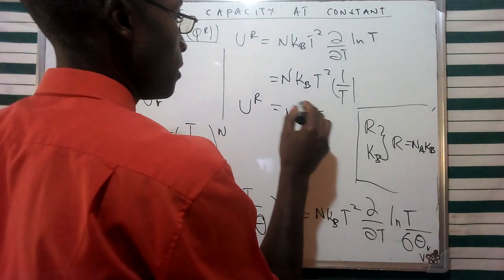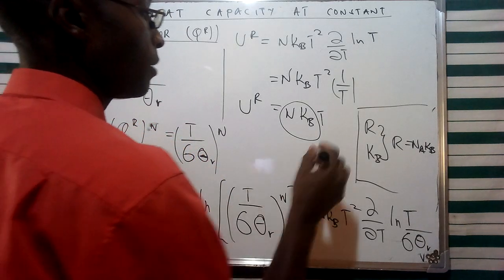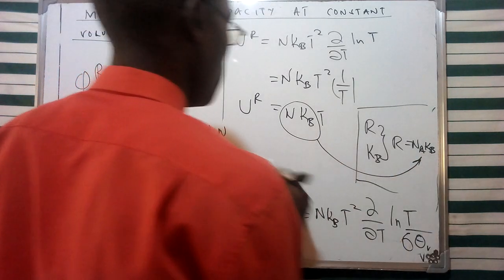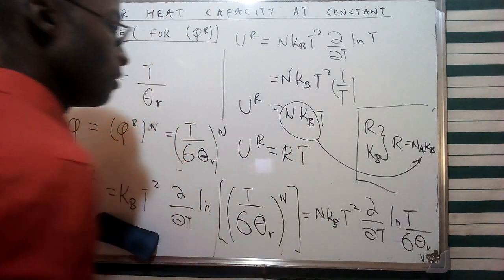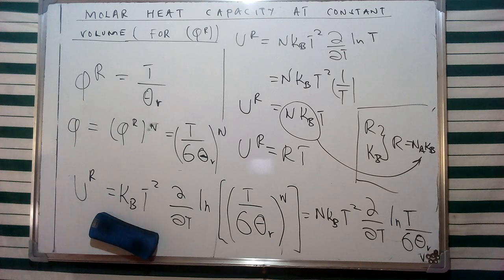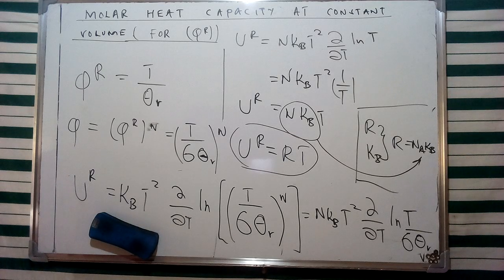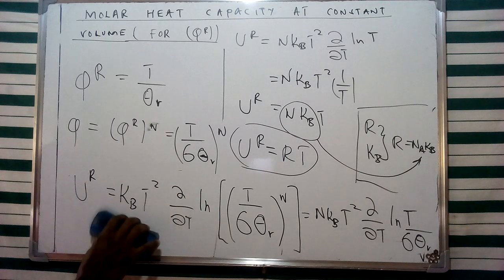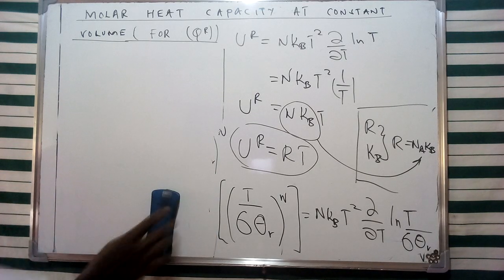Therefore, considering the equation we have come up with, UR reduces to RT. So if we consider the molar heat capacity at constant volume, we have the derivative of the rotational internal energy with respect to temperature.